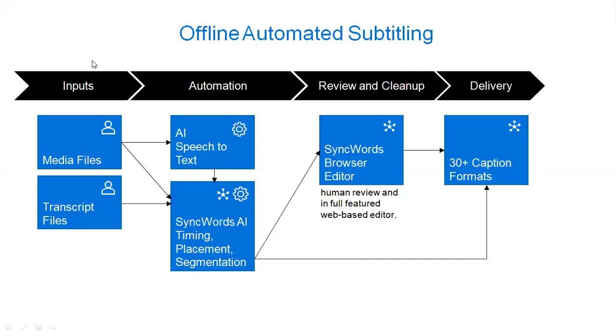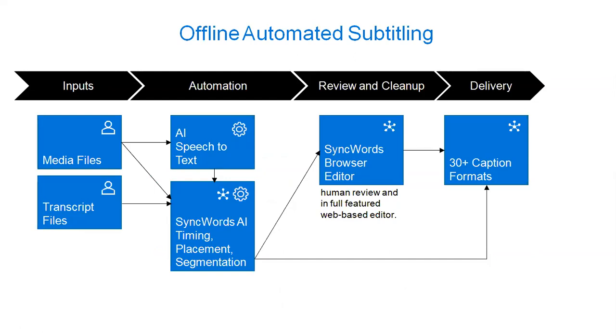On the next slide, I want to talk about the high-level overview of how we work. The inputs can be media files, they can be transcript files. That gets sent to Syncwords. Syncwords then leverages speech-to-text AI when needed. It leverages our own proprietary timing AI.